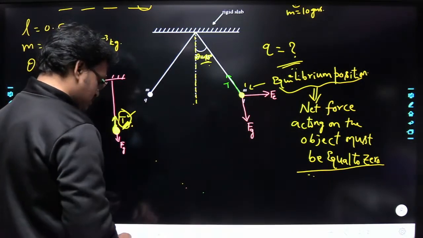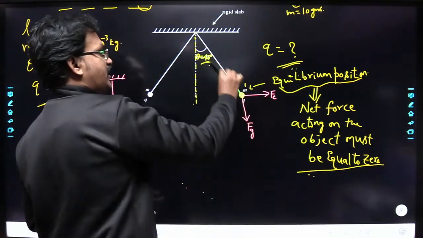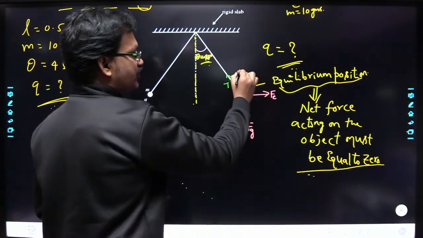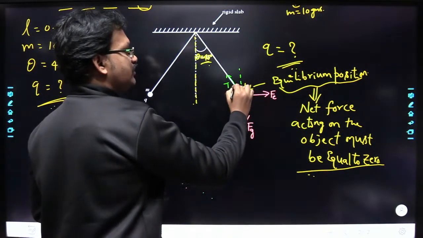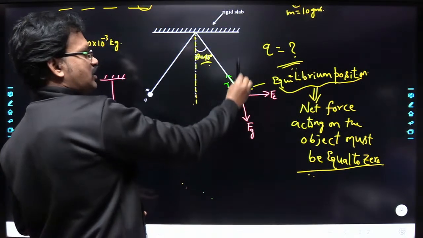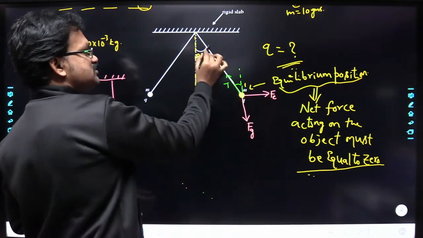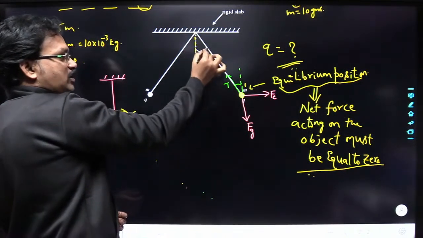Let us do that. What are you going to get, tell me. This tension is acting in this direction. If I draw a vertical line, what is the angle between this tension force and this vertical line? The angle between this line and this string is 45 degrees.